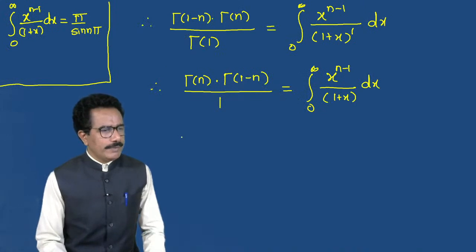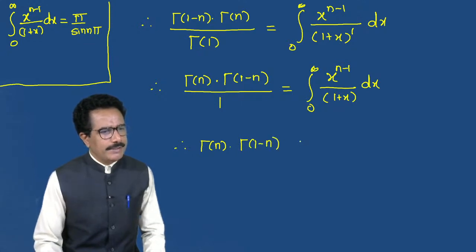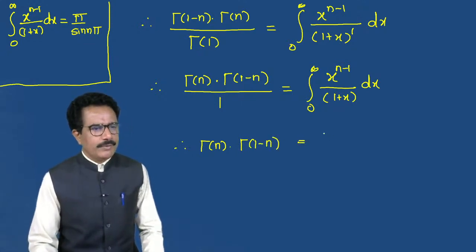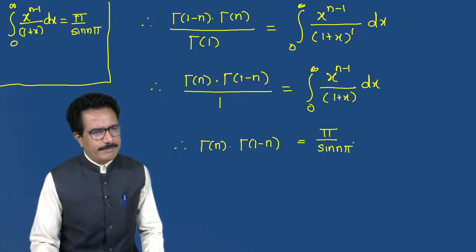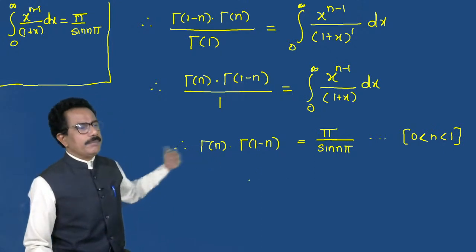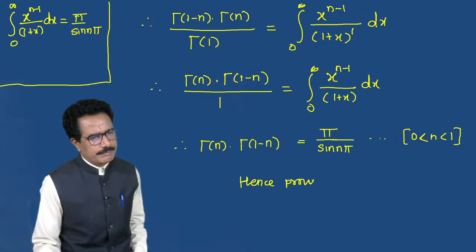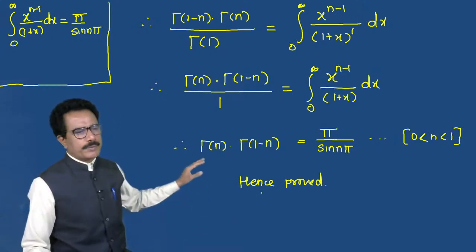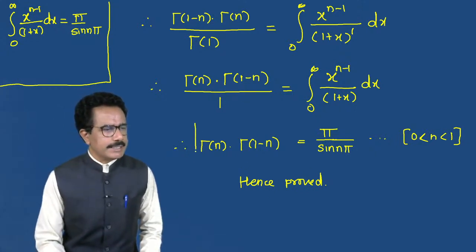So we can write, therefore, gamma n into gamma 1 minus n is equal to pi divided by sin n pi. Here in this case 0 is less than n is less than 1, and this is our required proof. Hence proved. This is how the result is obtained. So this is the second result which we have proved.